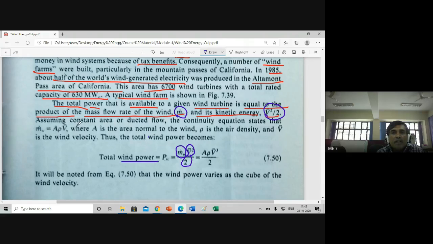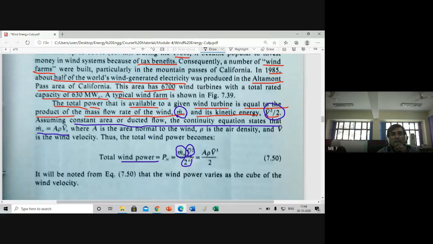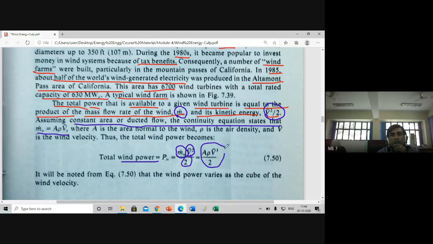Assuming constant area or ducted flow, the continuity equation states that m dot is equal to rho A V, where A is the area normal to the wind, rho is the air density, V is the wind velocity. Thus the total wind power becomes, substituting m dot, A into rho into V cube.